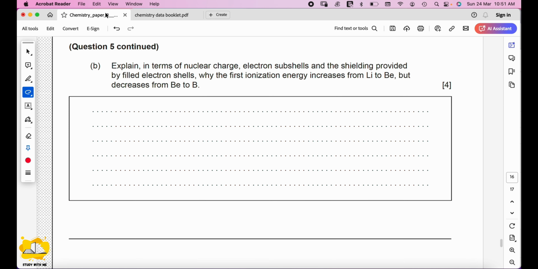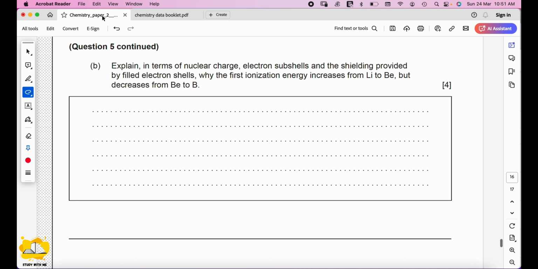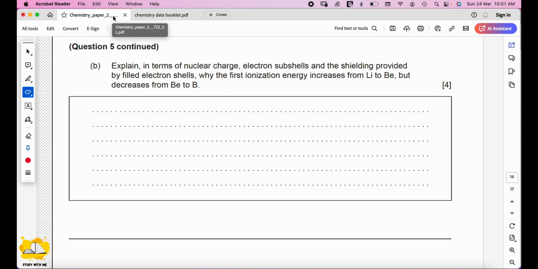So the question here, why does the first ionization energy increase from Li to Be but decrease from Be to B? So it's a bit odd, right? Because the nuclear charge increases, so the first ionization energy from Be to B should increase, but why decrease?